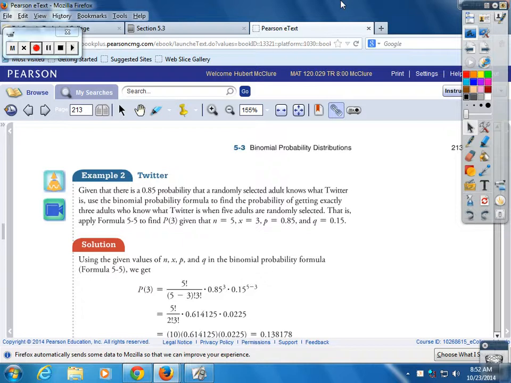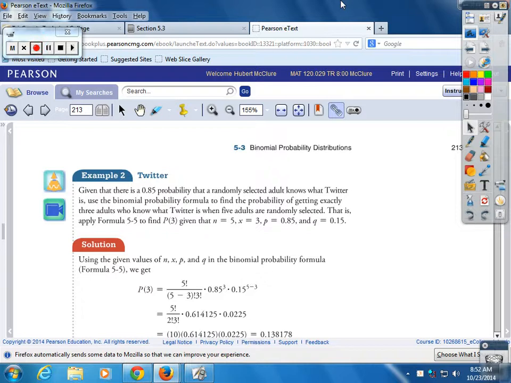All right. Given that there is a 0.85 probability a selected adult knows what Twitter is, and so on. Here is N. We said that a while ago. X is 3, P is 0.85, and Q is 0.15.